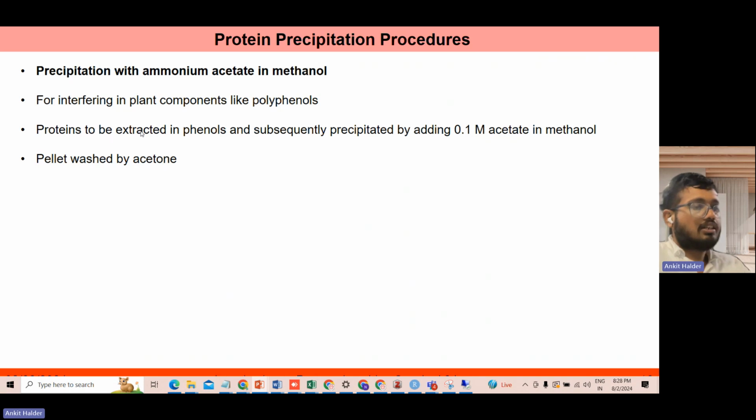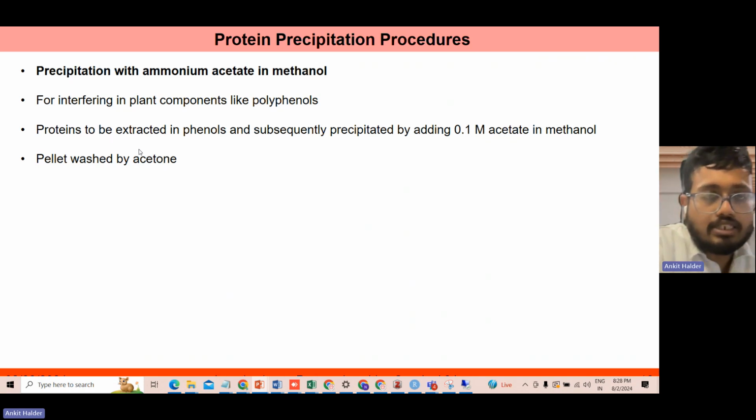Now, another method that can be used for precipitation of protein.